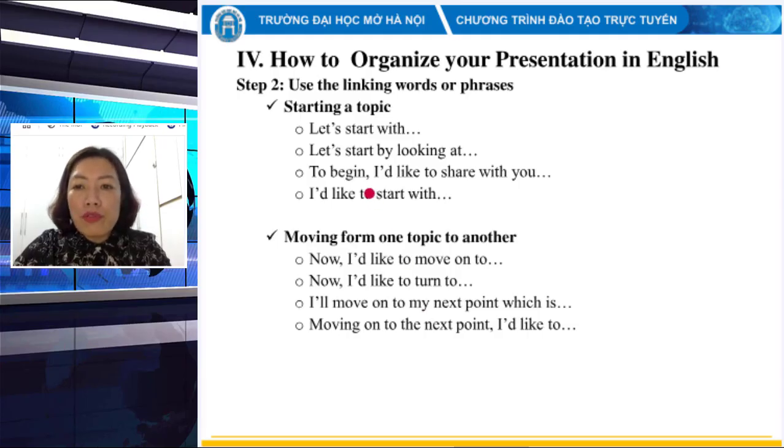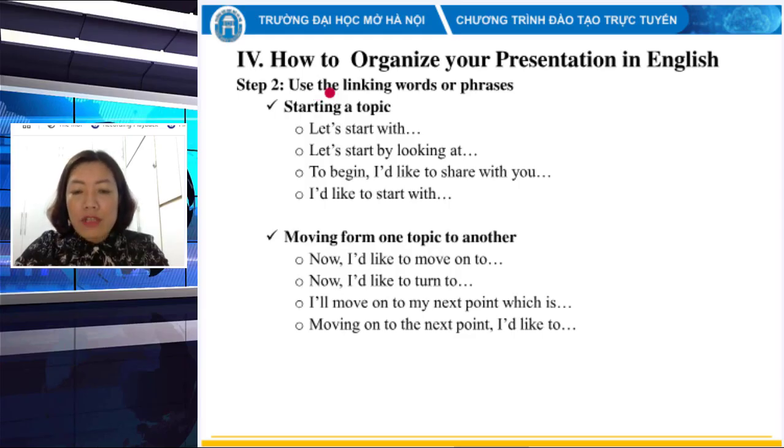So how can you move from the introduction to the body paragraphs? When you have made a good introduction, it's time for you to move to the body paragraphs by saying, let's start by looking at, to begin, I'd like to share with you, or I'd like to start with. And you explain clearly the first idea.